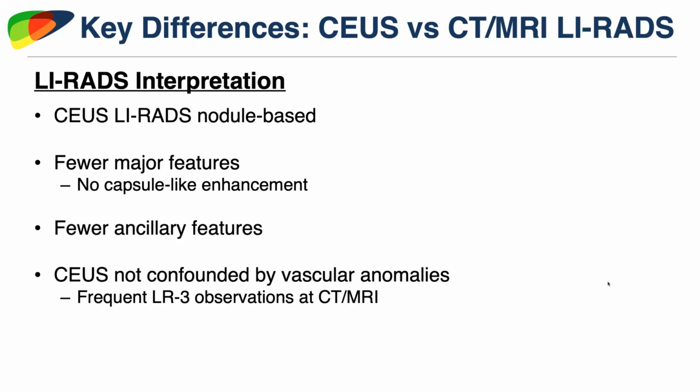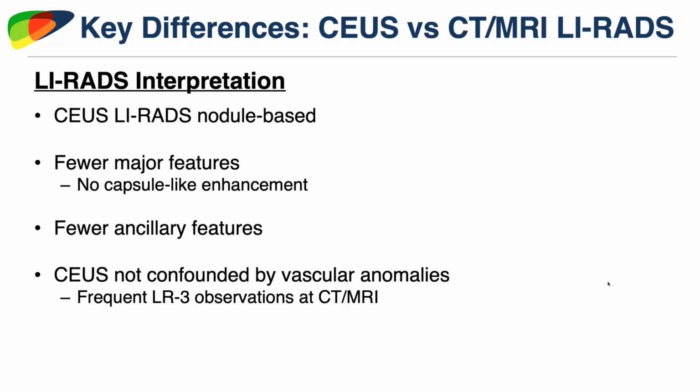And we're not confounded by vascular anomalies, and I think this is an untapped benefit of contrast-enhanced ultrasound, where we frequently call these small peripheral foci of arterial phase hyperenhancement at CT/MRI as LR3 observations, and many of them turn out to be small vascular anomalies, AP shunts, and whatever we call them, and they're just not visible on contrast-enhanced ultrasound.